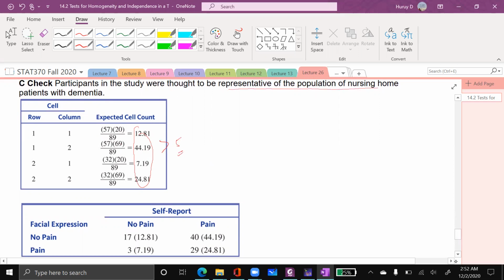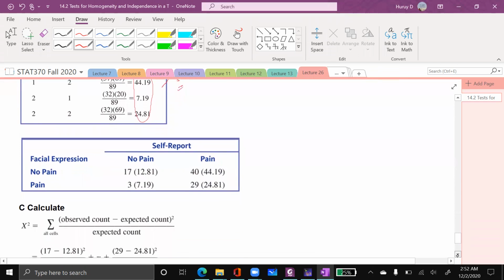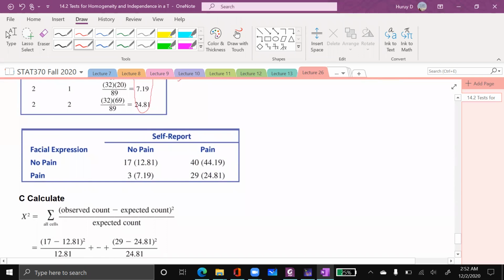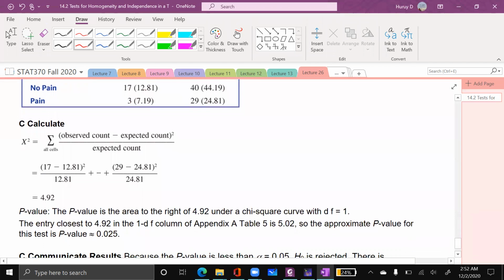So both conditions are met. Here we have the table with observed and expected; everything in parentheses is expected. And then the chi-square is 4.92.